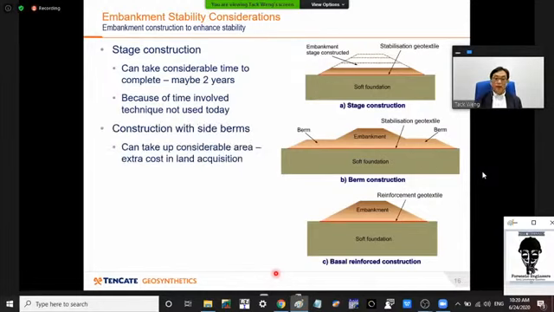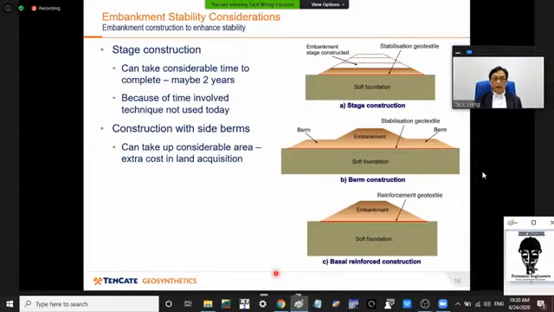Another way is you try to spread the load. So you can use side berms, or what we call counterweight berms, or just make the slope angle of the embankment more gentle.